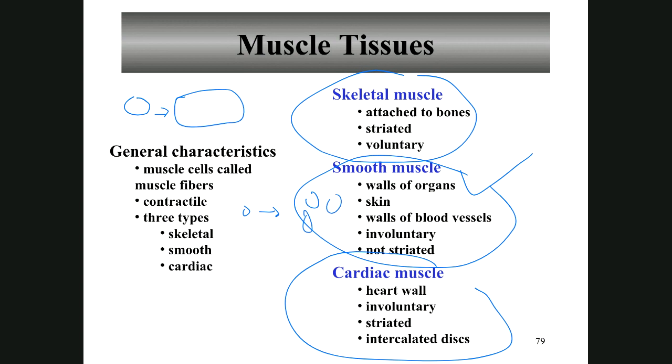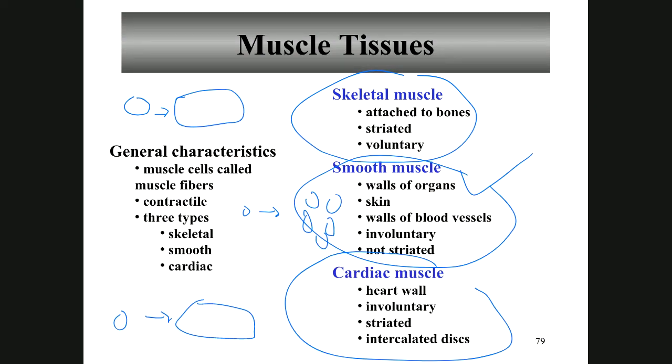Also, the heart can only hypertrophy. So if you have a blockage in the coronary artery and that cell is dead, you can't make more. So essentially you have to have a bypass or something like that, because you can't get more cardiac muscle. That's the other important thing.